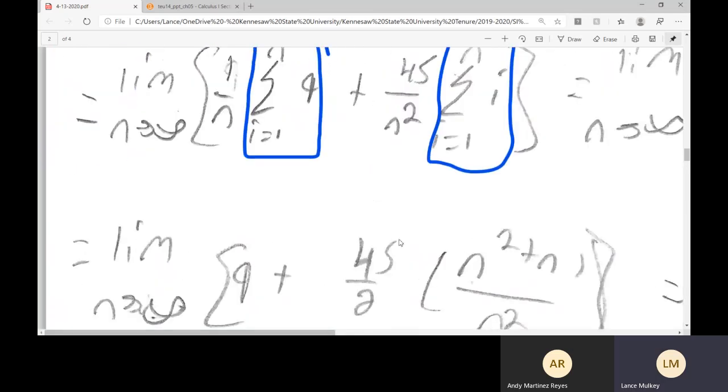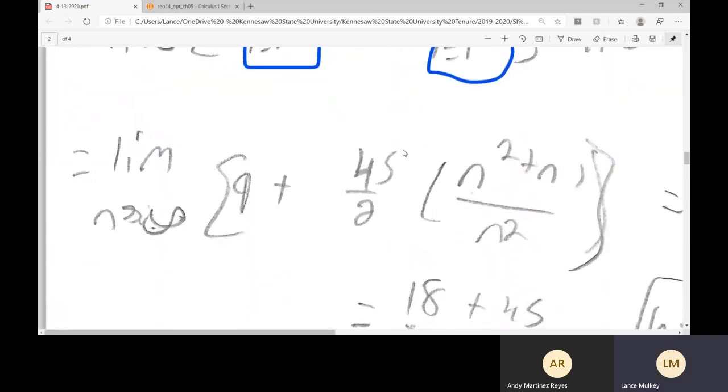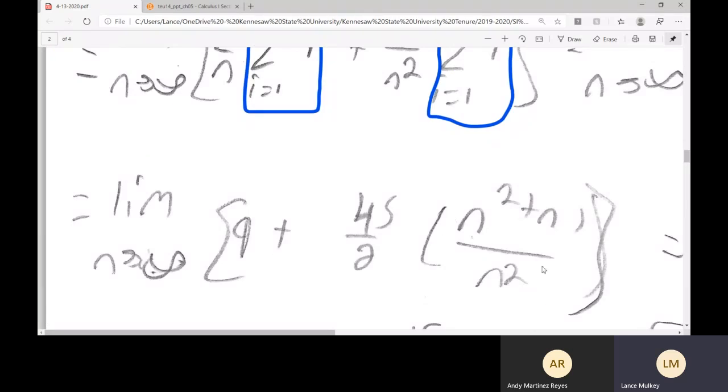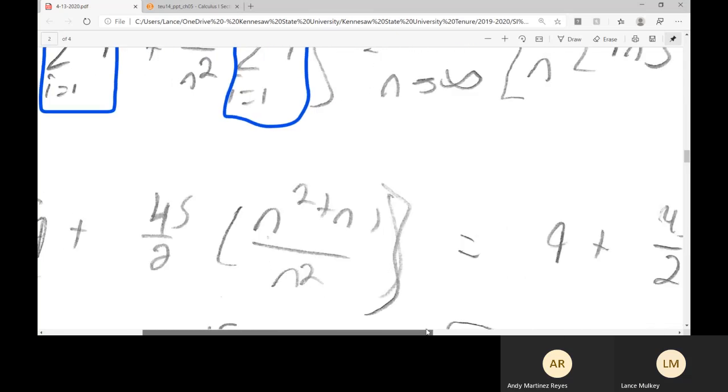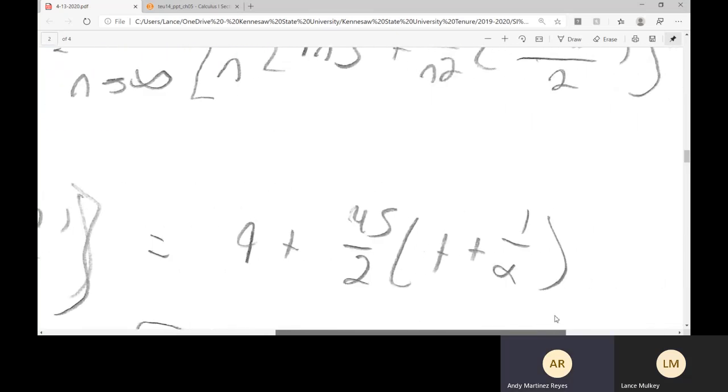So you have 9 because the n's cancel out right here, and you get 45 over 2. You can separate this into n squared over n squared plus n over n squared, correct? Okay, I see. So you switch the n squared into 2 places?